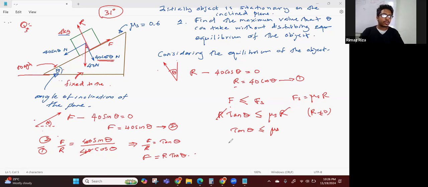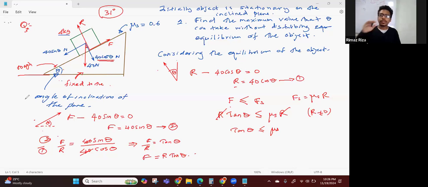What we have got here is the condition for the object to be in equilibrium, because we obtained everything by considering that the object is in equilibrium. If the object is in equilibrium, tan theta should be less than or equal to nu s.